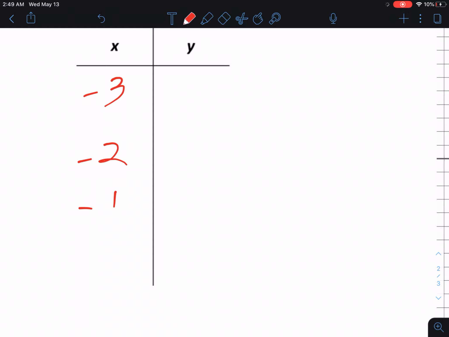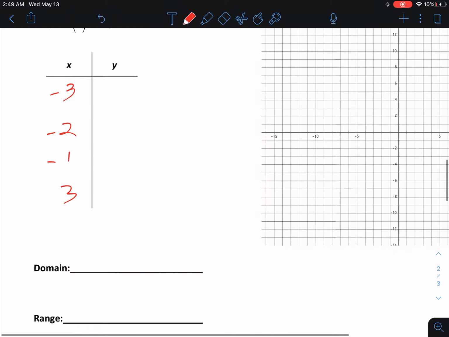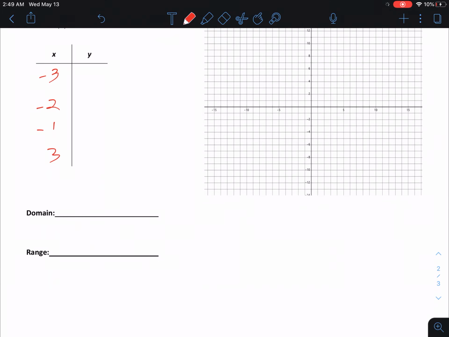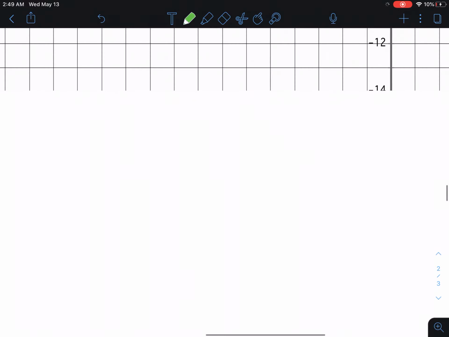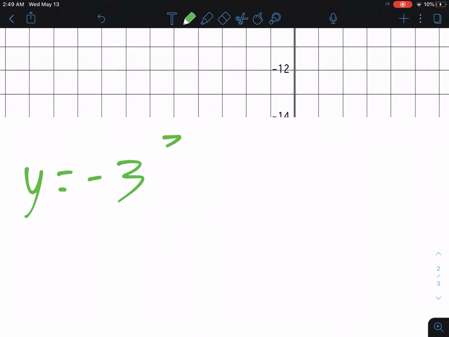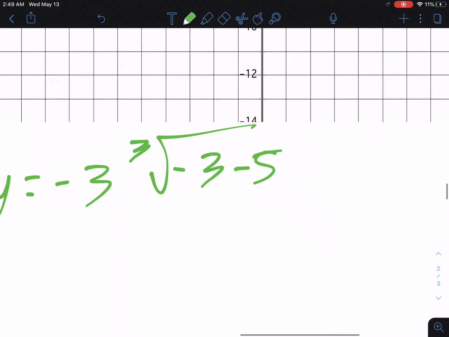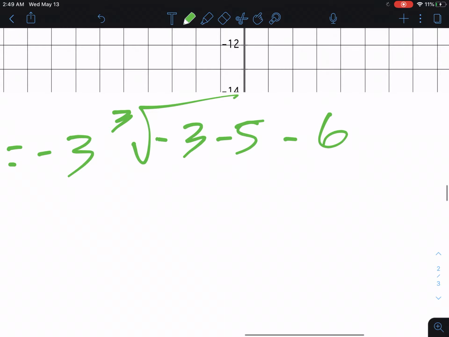So now we have to find our y points for these, so we have to solve the equation. So we rewrite the equation, and it would be y equals negative 3 times the cube root of negative 3, because instead of x, we plug in our negative 3, minus 5 to the third, minus 6.